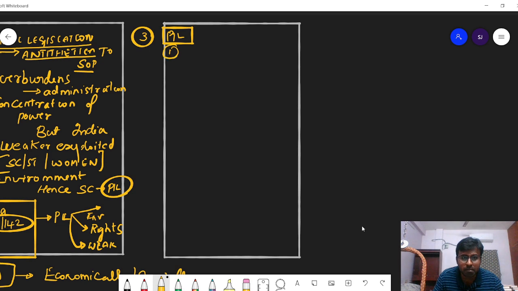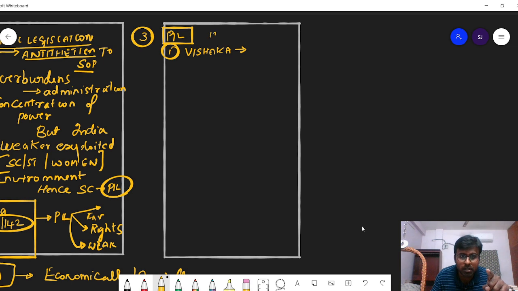Why reading the newspaper is essential is that you will understand, for example, the Vishaka judgment. The Vishaka judgment was given by the Supreme Court, and it is termed judicial activism because at that time no law was there.